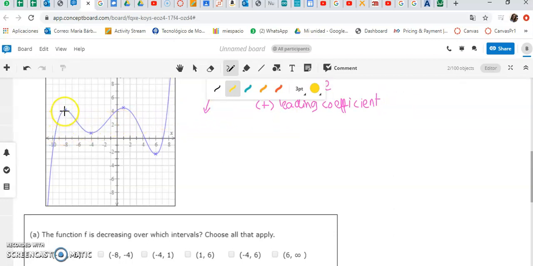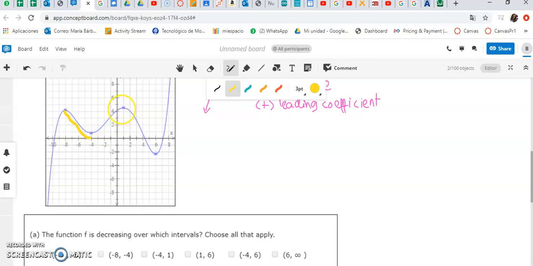So here we have the graph, and as you can see, at the beginning, looking at the graph from left to right, it is increasing, increasing, increasing, and then it begins to decrease from the number -8 until the number -4. So here we have the interval. In a while, we're going to select it, and then it starts increasing again, and then here it starts decreasing.